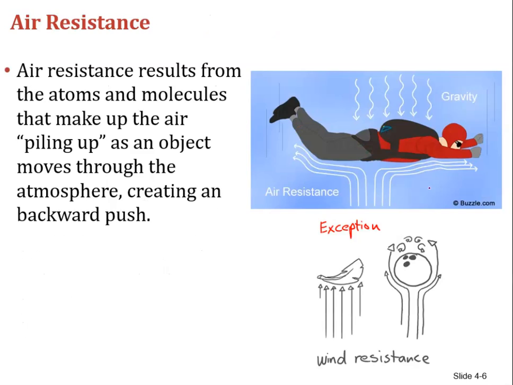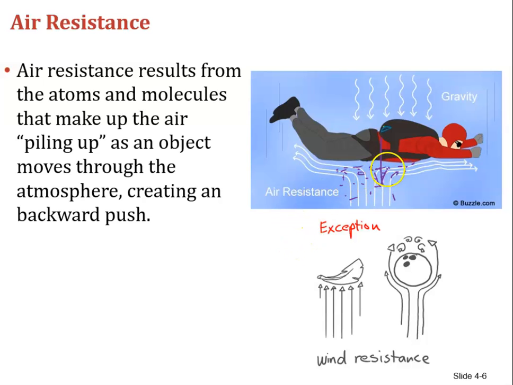So what causes that? That is something called air resistance, and air resistance comes from all of the atoms and molecules that make up the air piling up as an object moves through the atmosphere, and it creates a backward push. So, for example, we have our skydiver who's falling down, but all of these atoms and molecules, as he's falling, he has to be able to push them out of the way in order to break through.